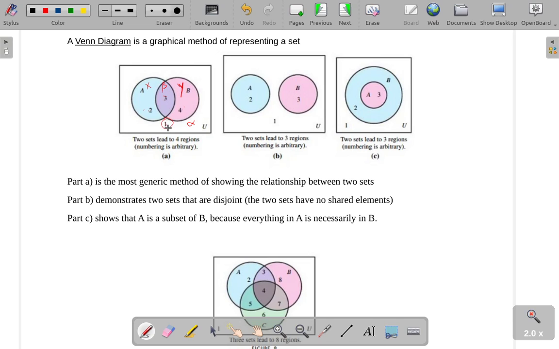So this 1, instead of being a label, could represent a 1 within this region, just like the alpha I was saying was within this region. And the 2 might not be the name of the region, it might be an element within it. So you need to understand what's meant when you're looking at a Venn diagram. The other possible meaning is the number of elements within this particular region.